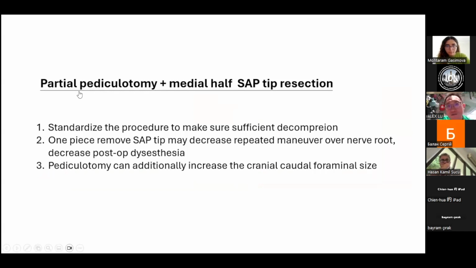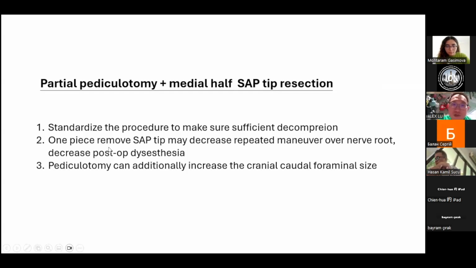I suggest everybody learn partial pediculotomy and the medial, maybe half SAP resection. You have to practice because not every case is a simple disc herniation or simple stenosis. For moderate or severe foraminal stenosis, you have to learn this, and you have to standardize the procedure to make sure of sufficient decompression.